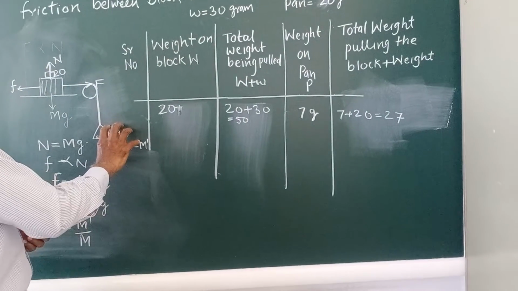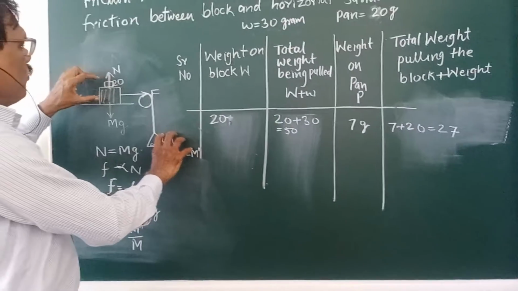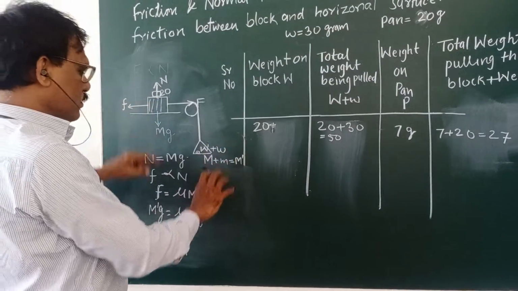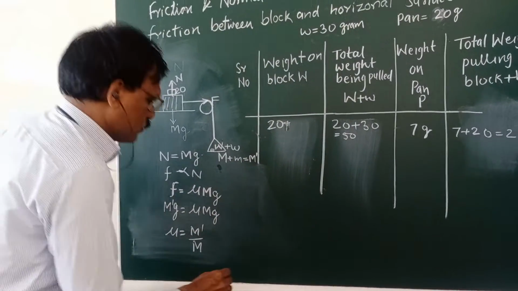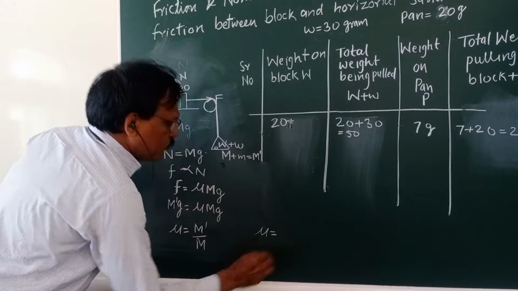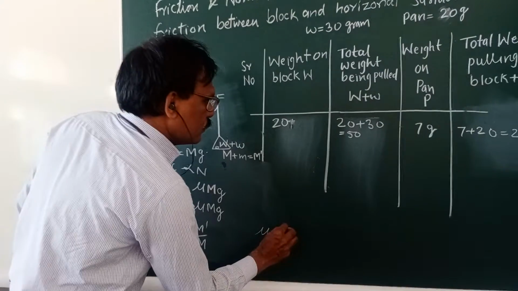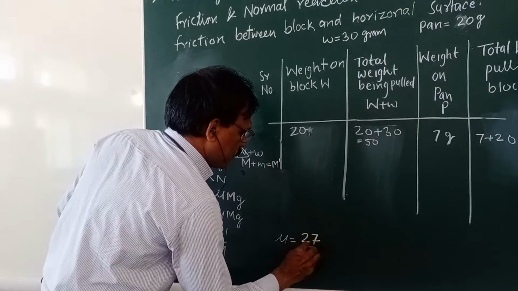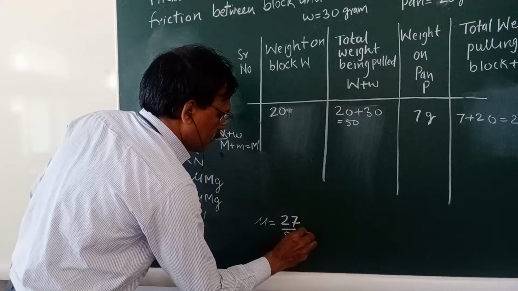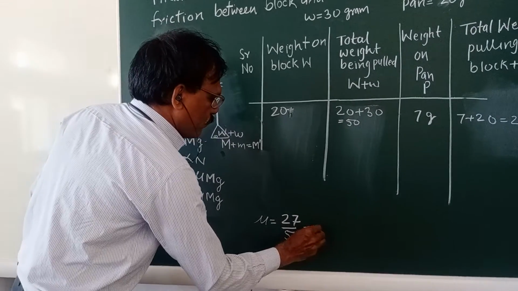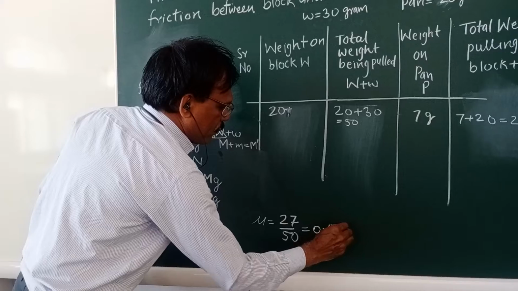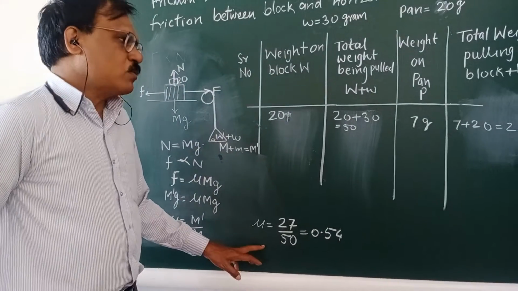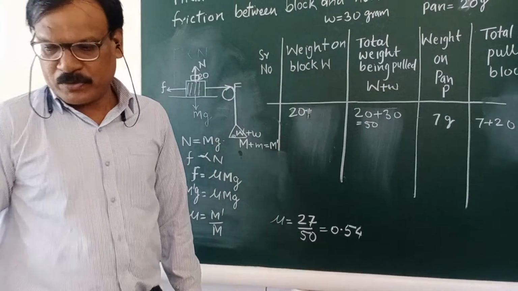Here we will get 27, and here we have 20 plus this 30, 50 gram. So coefficient of friction will be 27 upon 50, and that will be near about 0.54. This we have to calculate experimentally.